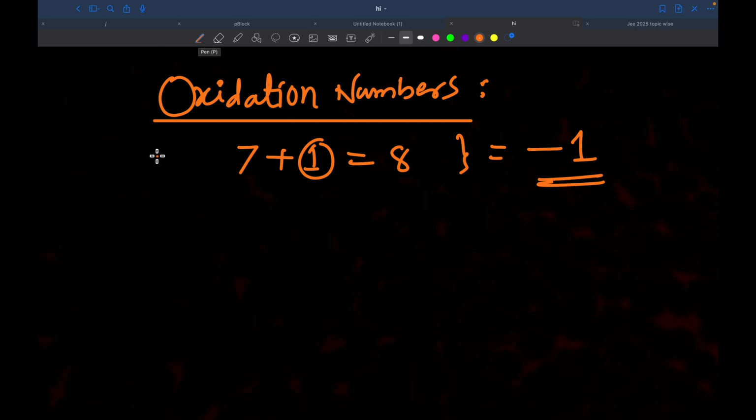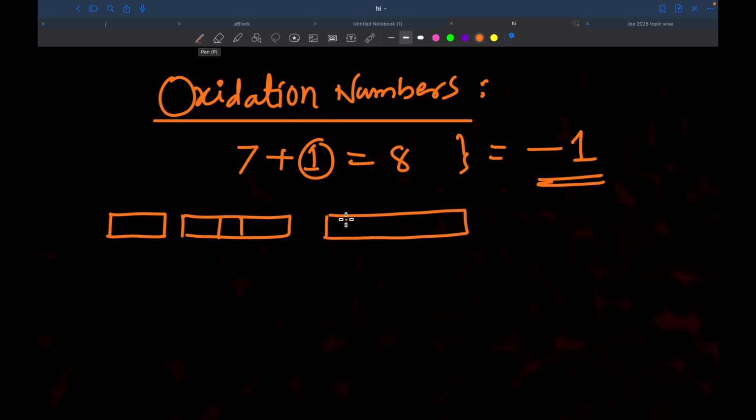Apart from the -1 oxidation number, this is the s2p5 configuration. Except for fluorine, a d orbital is also present. For example, take chlorine. Chlorine has 3s2, 3p5, and the 3d orbital is present but vacant.